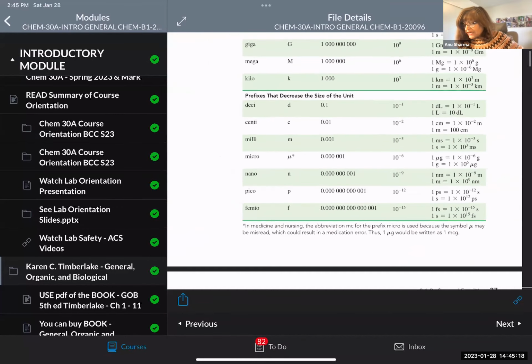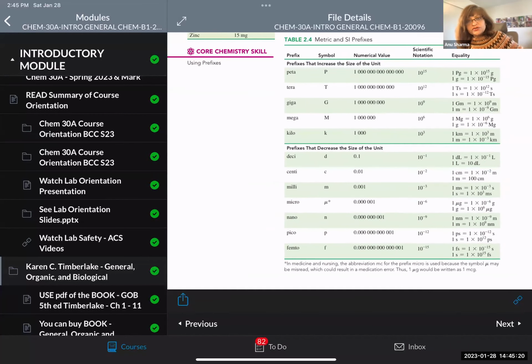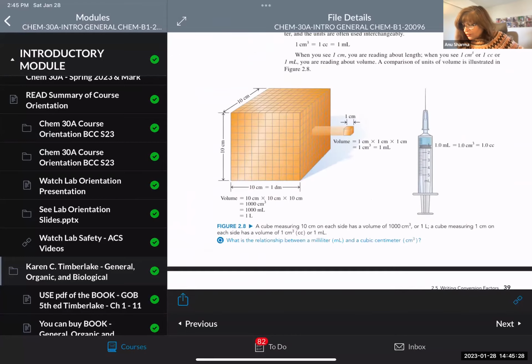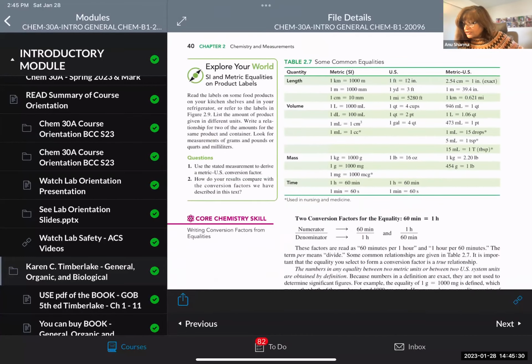These prefixes give a definition to the unit, in what context we are measuring things, and what the magnitude of that measurement is, whether it's very small or very large, and how large it is.